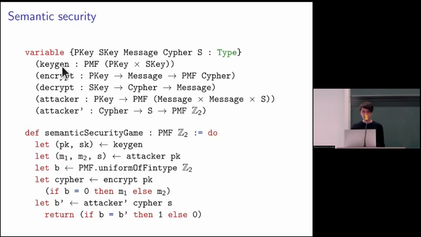So this PMF is a probability distribution. It stands for probability mass function here. So we can pick at random something using this. We can assume that we have some unspecified encryption and decryption functions.